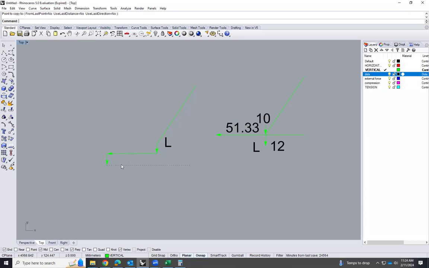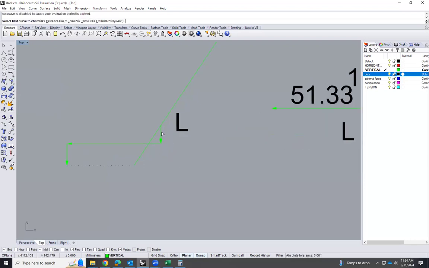And now I have this and that. So I have to chamfer this and this, and if I want to close the gap, I have to chamfer again this and that. So that will be the closed polygon.